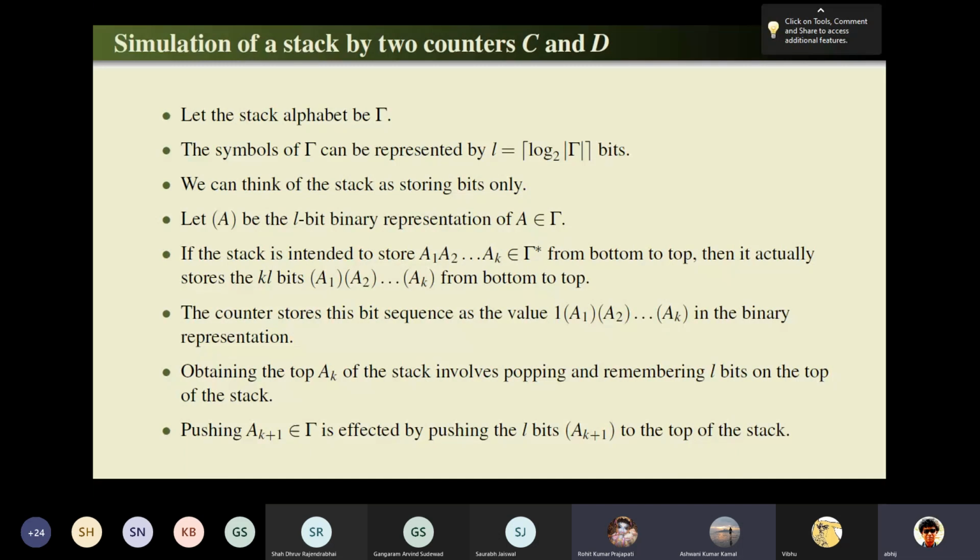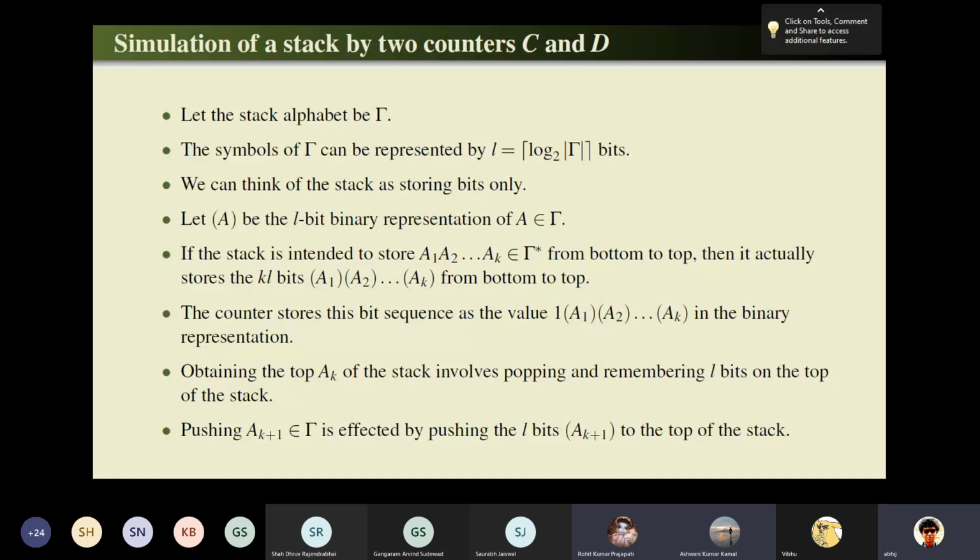It suffices that I can push or pop bits. I'll look at the least significant bit on the top of the stack. But the convention is now that I am listing the symbols or their bits from bottom to top, not from top to bottom.